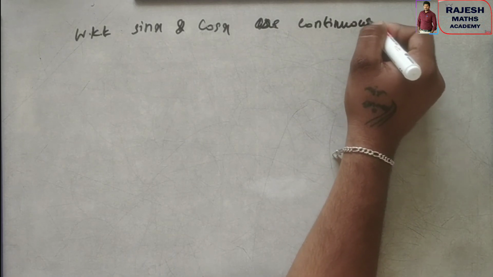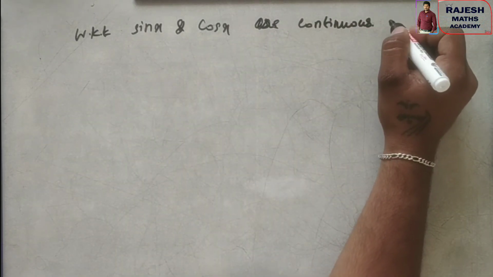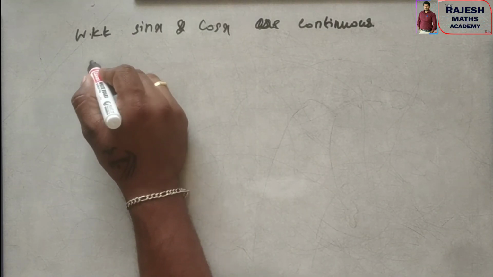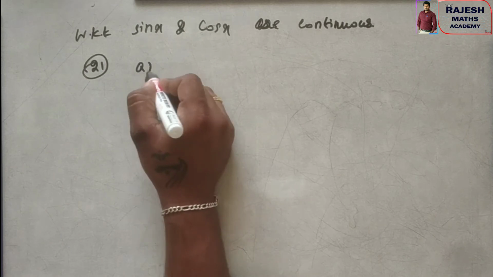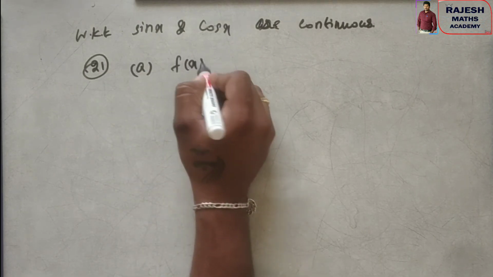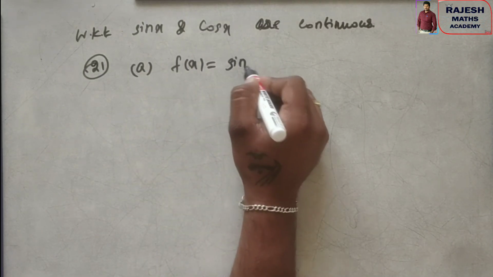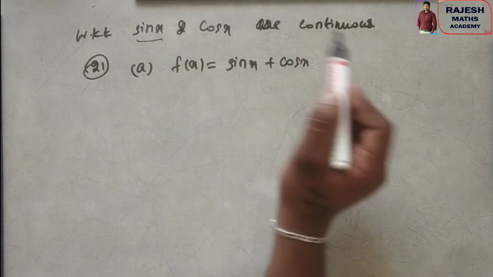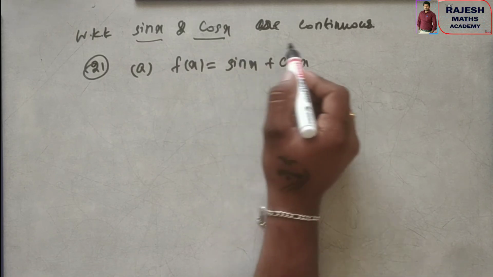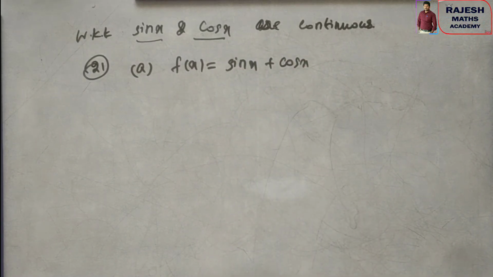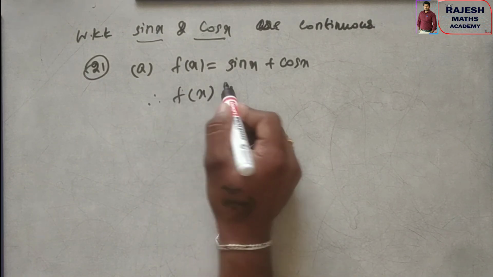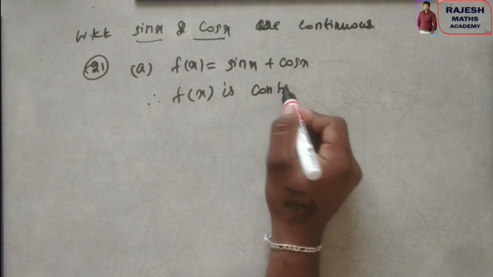So we can say that the first question, actually question number 21, is given that f of x equals sin x plus cos x. So already we have proved sin x is continuous, cos x is continuous. So the sum of two continuous functions is continuous. Therefore we can say f of x is continuous.